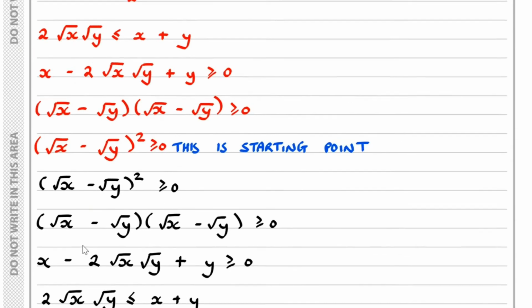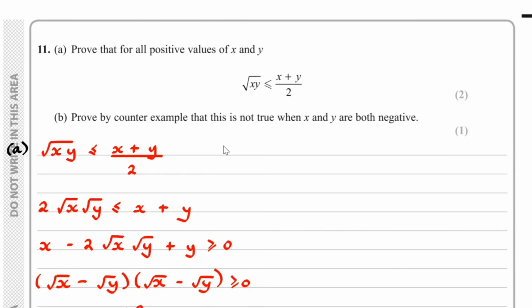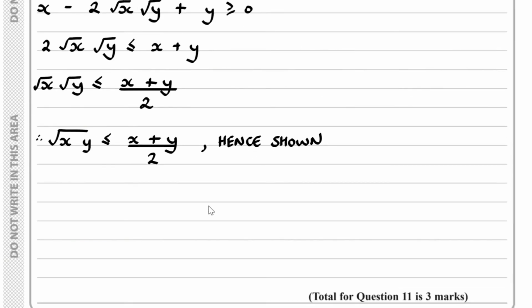And now for part B, we have to prove by means of a counterexample that this is not true when x and y are both negative. Well, let's choose values of x and y. What we could have for part B is x equaling -1 and y equaling -2, say. What will we end up with?